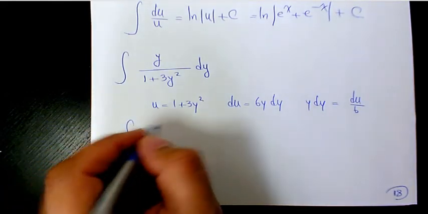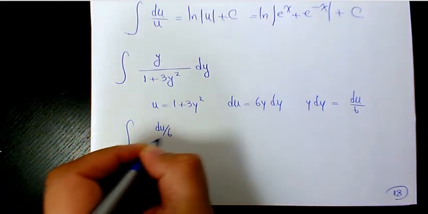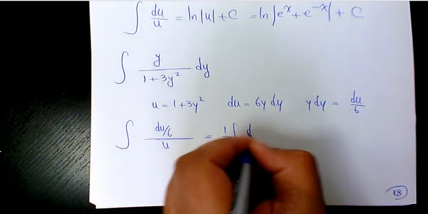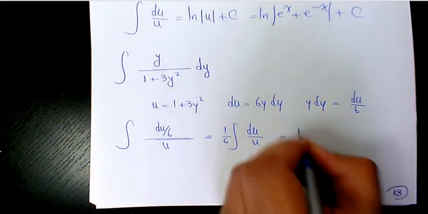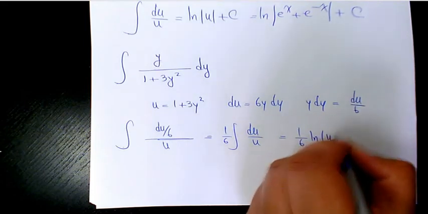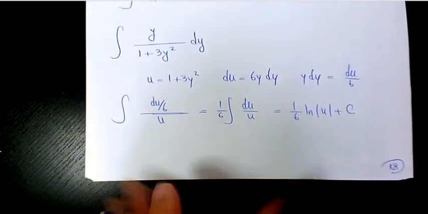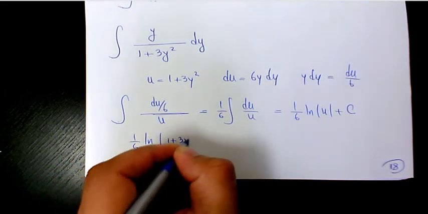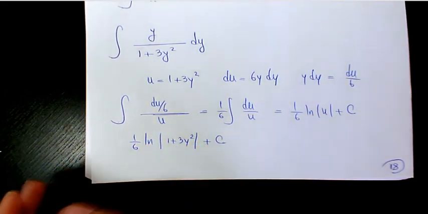So we have du over 6 over u. And that's going to be 1 over 6 du over u. And that's going to be 1 over 6 ln u plus c. That's going to be 1 over 6 ln of 1 plus 3y squared plus c.